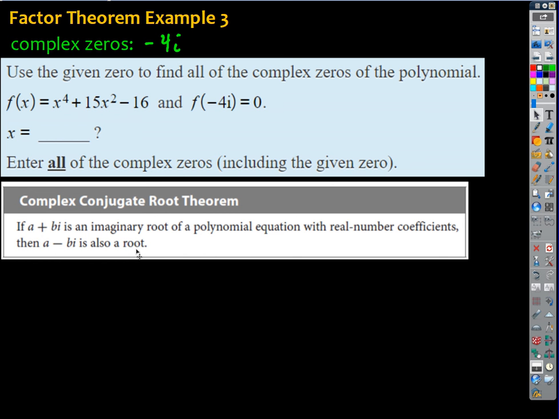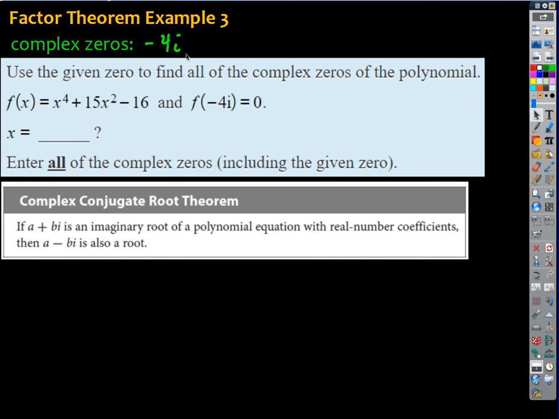A traditional polynomial, when we say polynomial in math, we mean that it has real number coefficients. And so if that's the case, you know that the zeros always come in complex conjugate pairs. So if you're given half of a complex conjugate pair, you can always take it to the bank that there's going to be another one that goes with that, its neighbor, right?